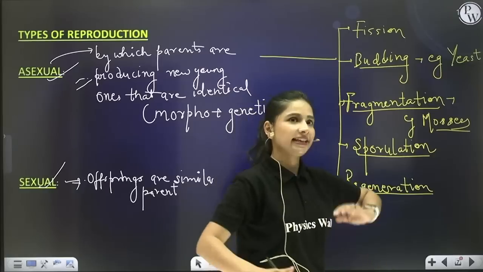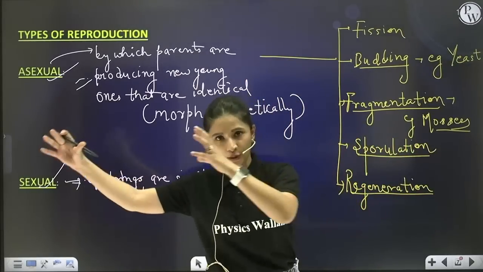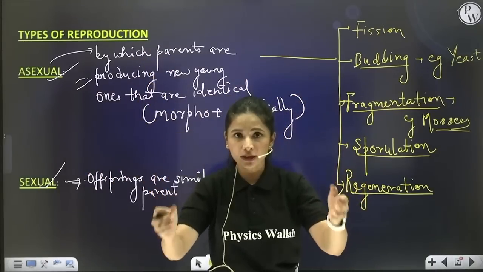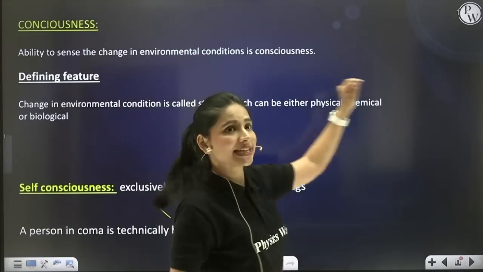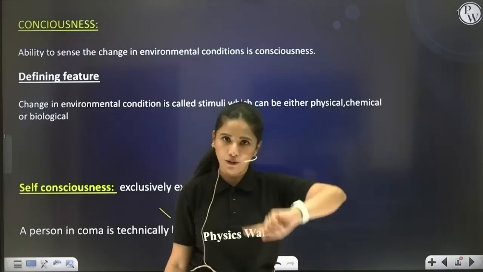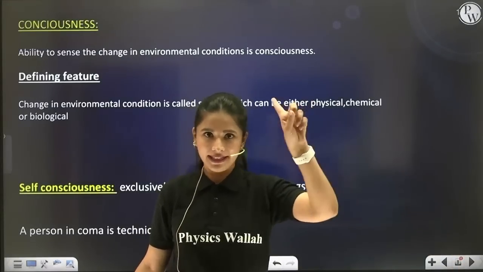Now let's move ahead. You have done growth, you have done reproduction. The third important feature which we are going to discuss now is consciousness. I already told you, I already introduced this terminology also. Yes or no?